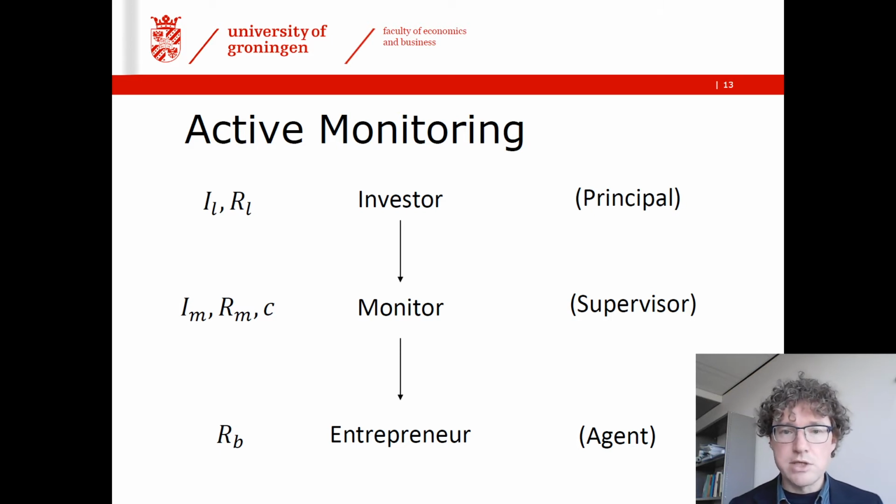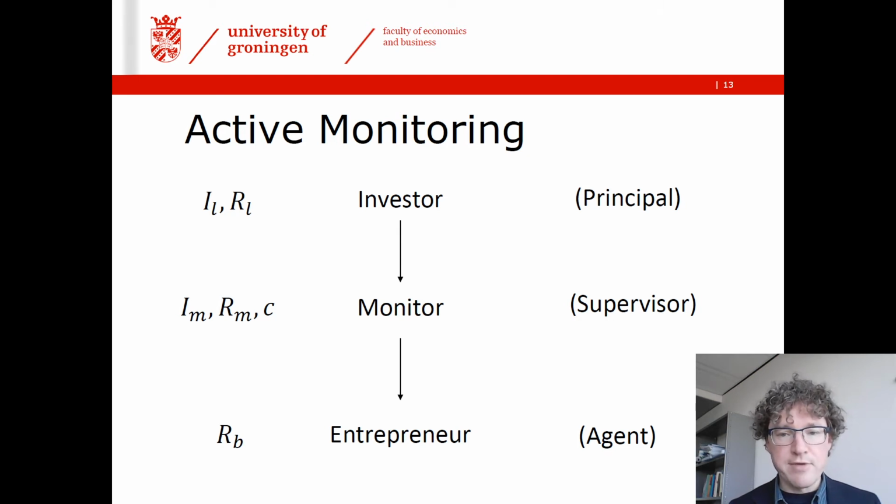And the investor knows there is this monitor who has a contract which awards this monitor RM in case of success, and also knows that the monitor is going to contribute a share IM of investment towards financing this business. And the monitor is known to be incurring a cost C if they do their work seriously.